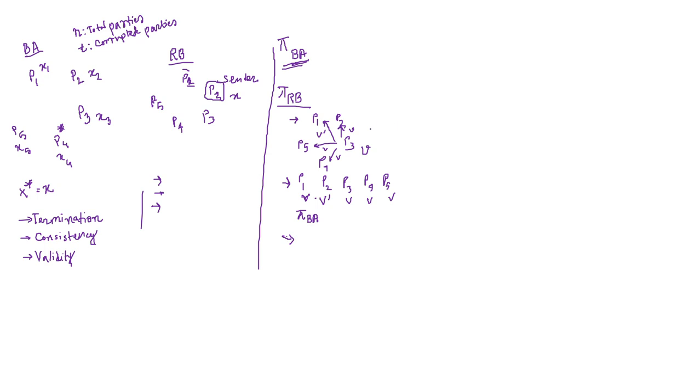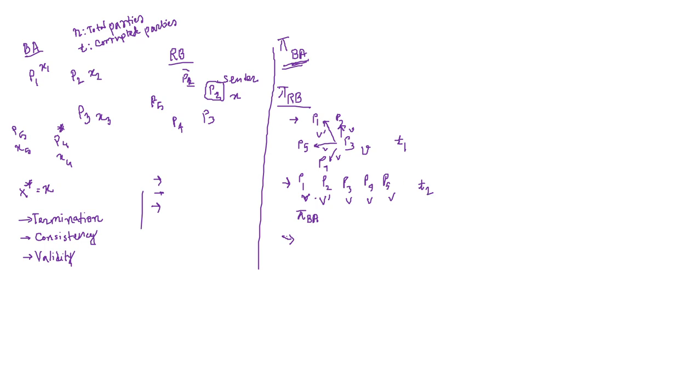How? Termination will be satisfied because the first step is nothing but a plain broadcast protocol which may take some particular amount of time, say T1. And the second step is pi BA protocol, for which we already know, since it is a valid pi BA protocol, it must have the termination property, so it will terminate after some finite time, say T2.